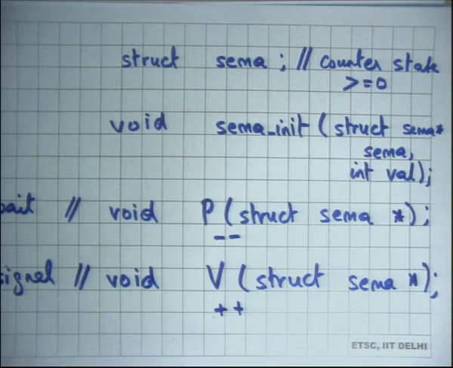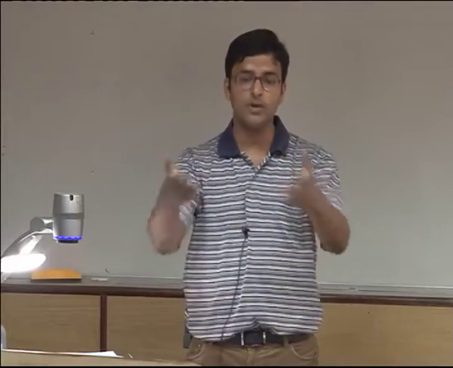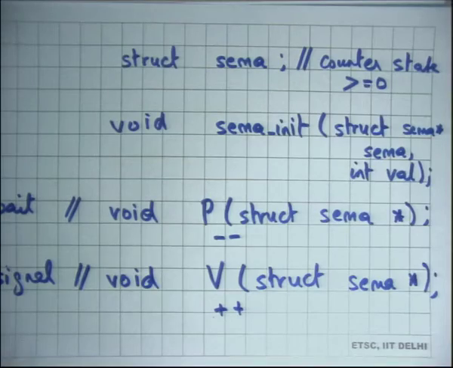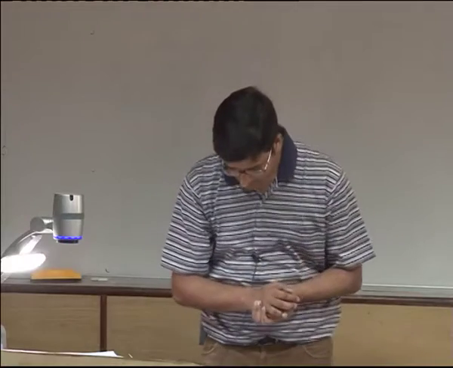It will start waiting for the semaphore to become greater than 0, and when it does, it will decrement it and come out of P. And V simply increments the semaphore, and if it finds that somebody is waiting for it to become greater than 0, it will wake them up and say, you can now decrement it. So those are the semantics.